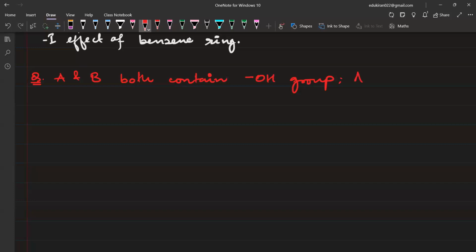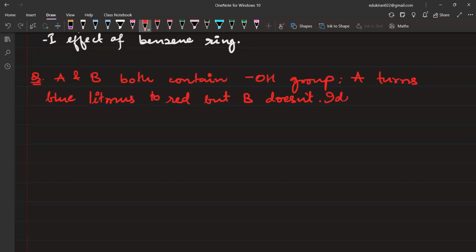A turns blue litmus to red, but B doesn't. Identify A and B.